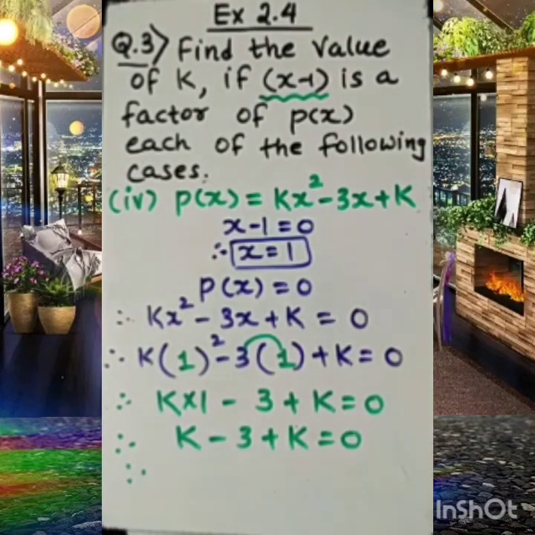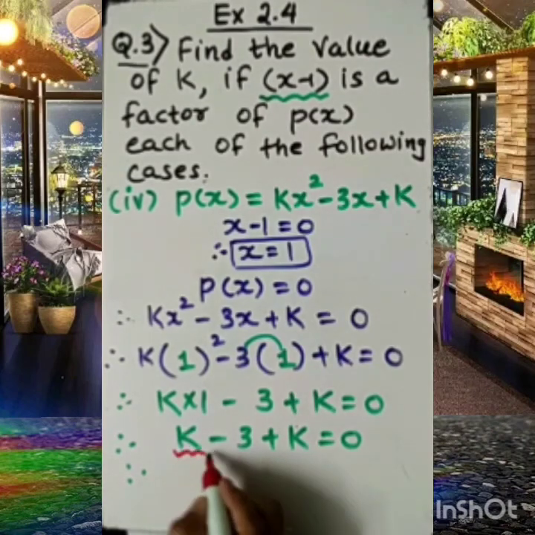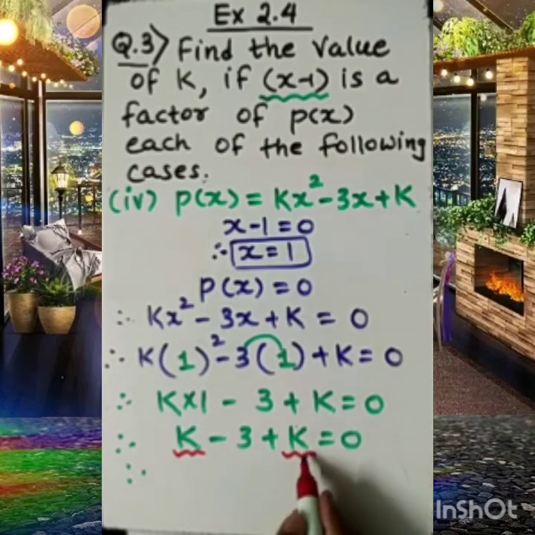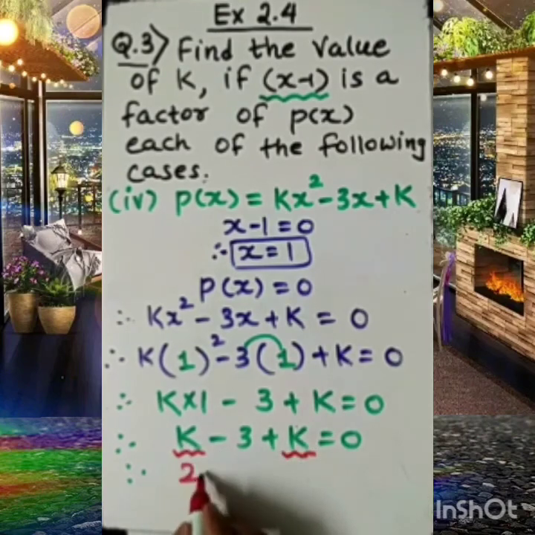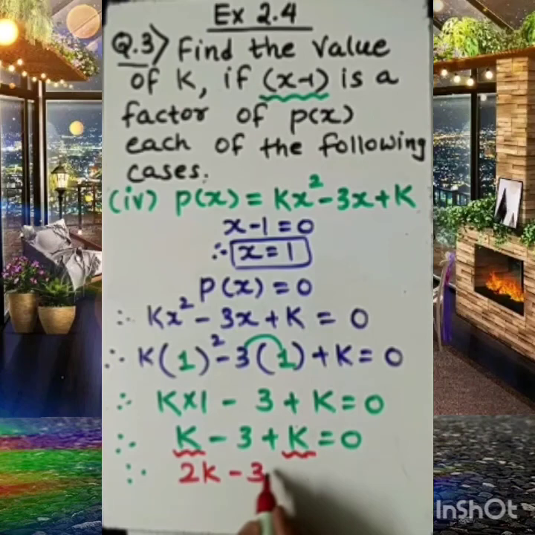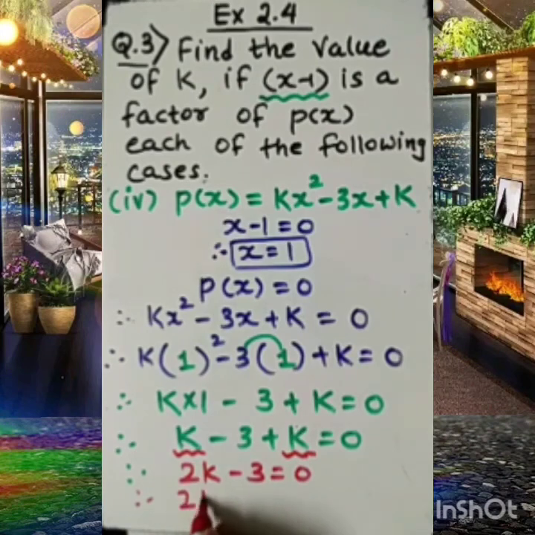Now you can see here, in this polynomial we are given k two times. k is here also and here also. So k plus k is 2k, and this minus 3. So the next step will be 2k equal to 3.